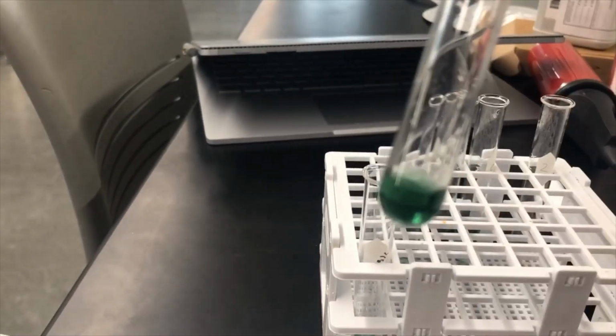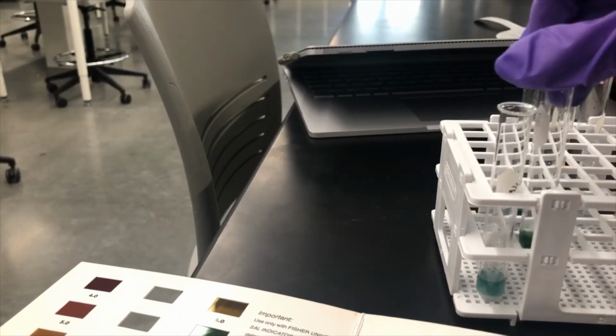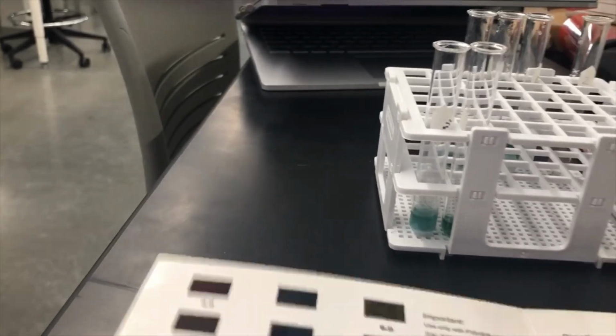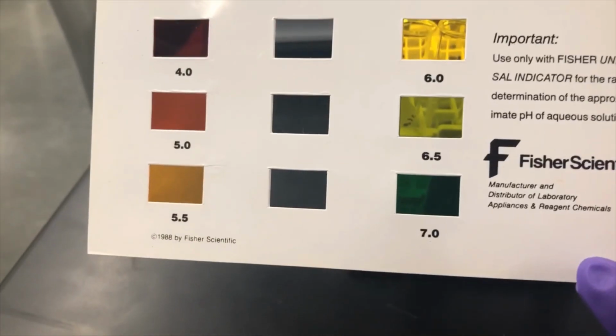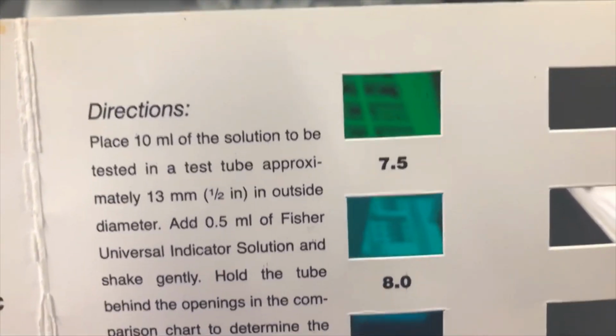Now this is a pretty sharp green color. The sharp green looks closer to that 7, because as it gets more basic, there's more of a bluish tint to it, and I think I would call that about 7, which would be considered neutral.